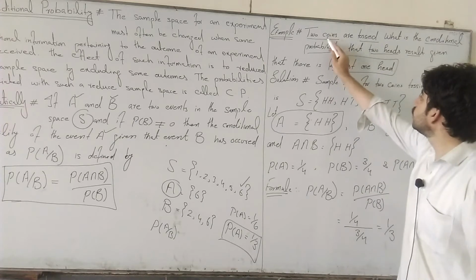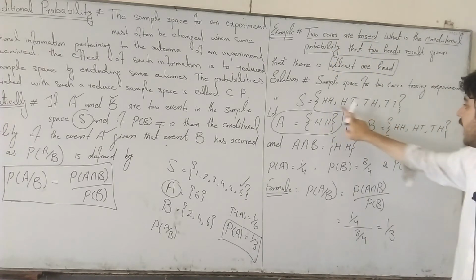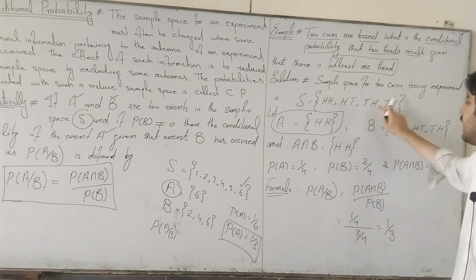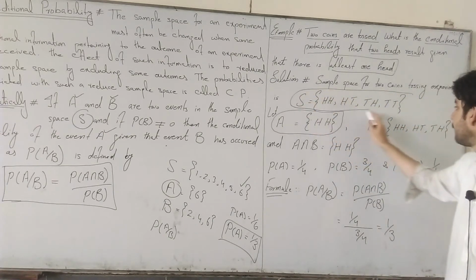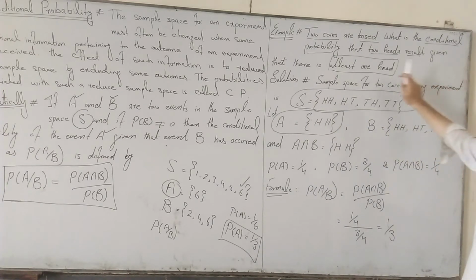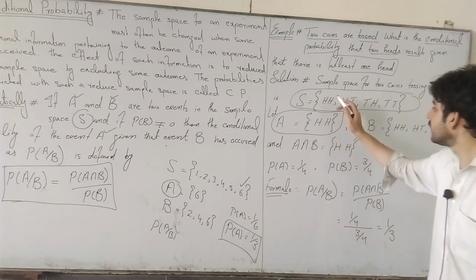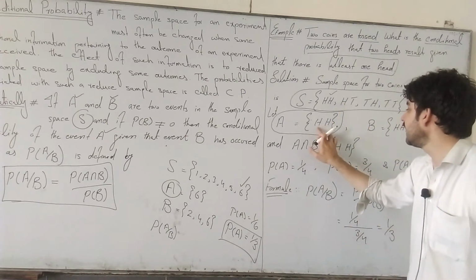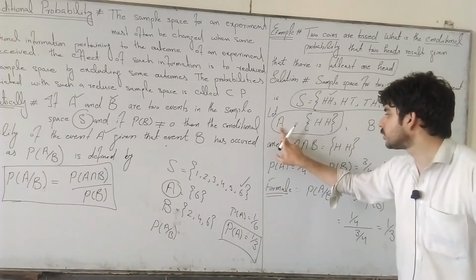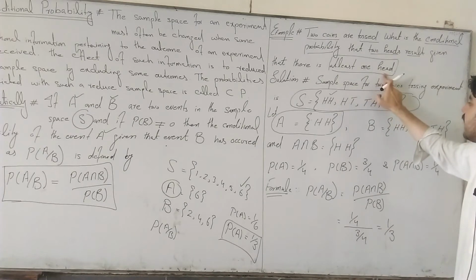First, two coins are tossed, then the sample space is this one: HH, HT, TH and TT. So this set represents the sample space. The second set is the two heads result. The HH represents two heads result. Suppose the set containing HH is equal to A. And the third set is at least one head occurs.